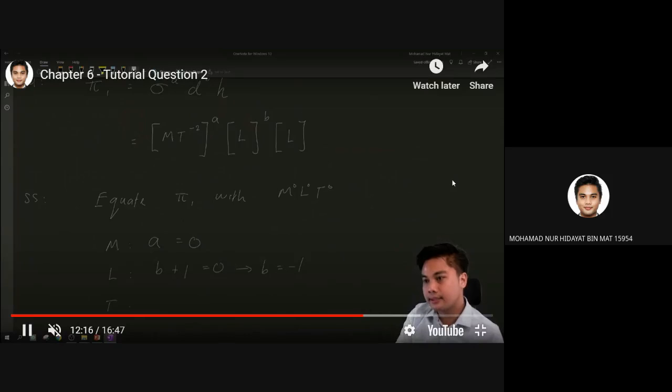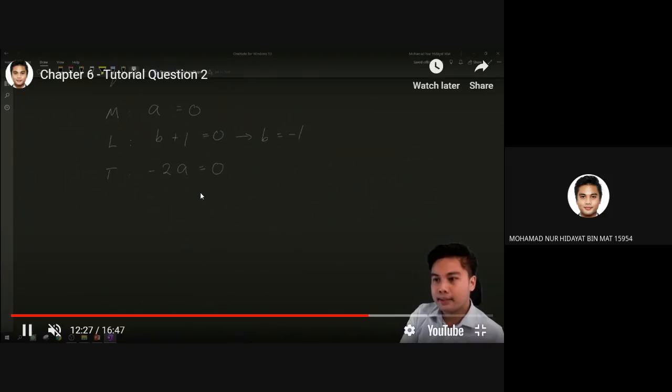That is why B plus 1 equals 0. Straight away, we get B equal to -1. You can skip T because T also gives the value of A, which is 0.